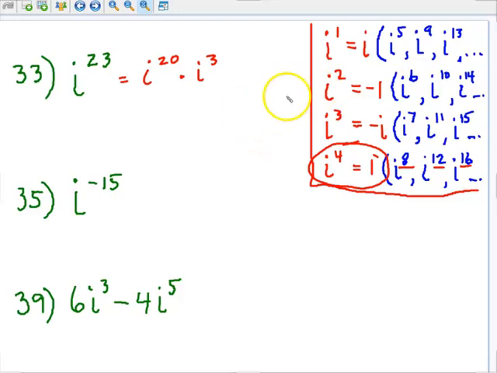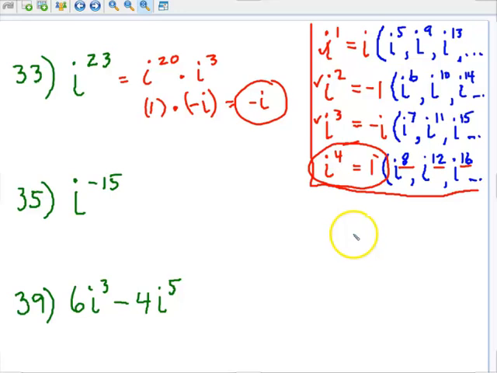In these problems, you really just have to know what I squared and I cubed are, because you're going to use a factor of I that will always equal 1 if you choose a multiple of 4. So I to the 20th, I to the 3rd, multiply those together, and you have your result, negative I.